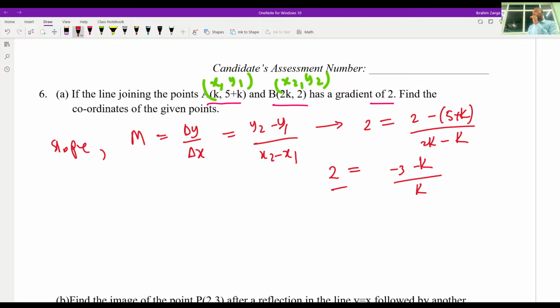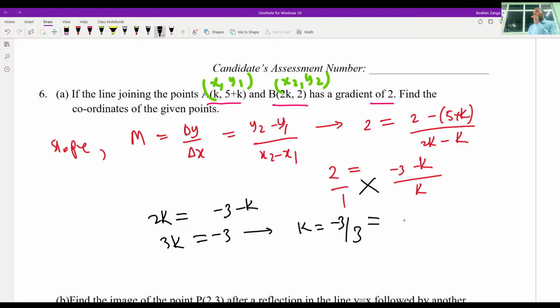So you cross multiply, and you'll have 2k equals negative 3 minus k. Collecting like terms, we'll have 3k equals negative 3. So the value of k will be negative 3 over 3, which is going to be negative 1.